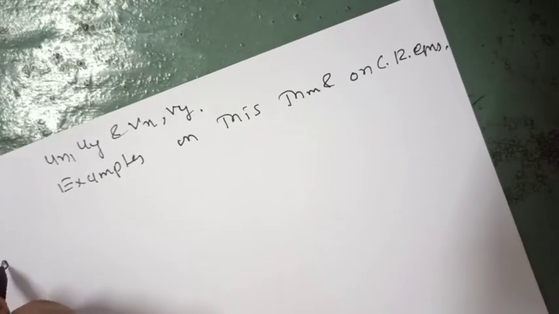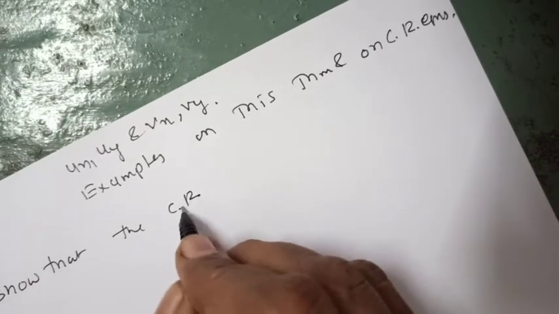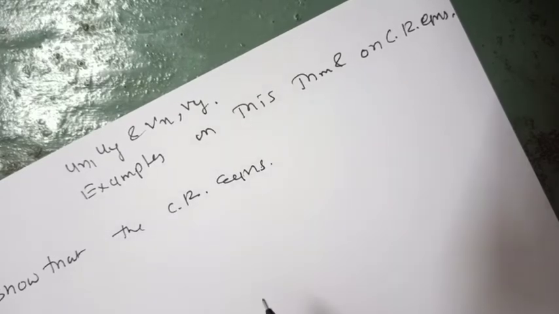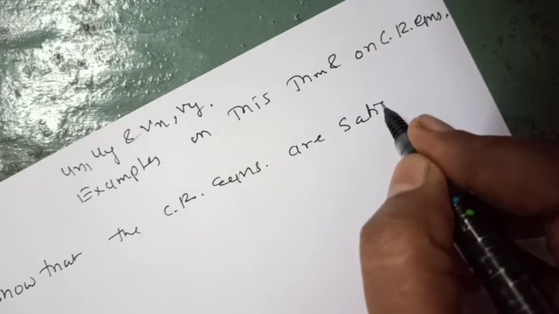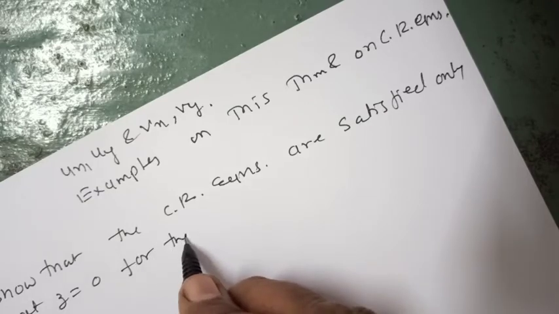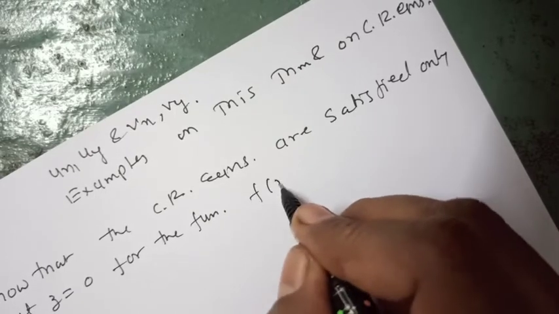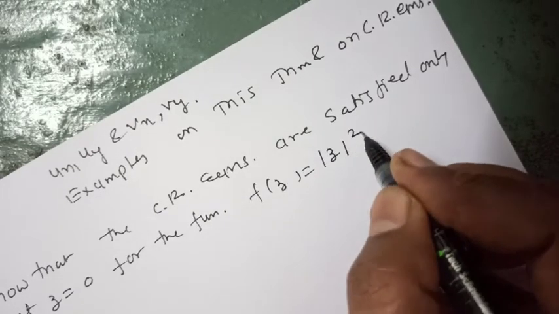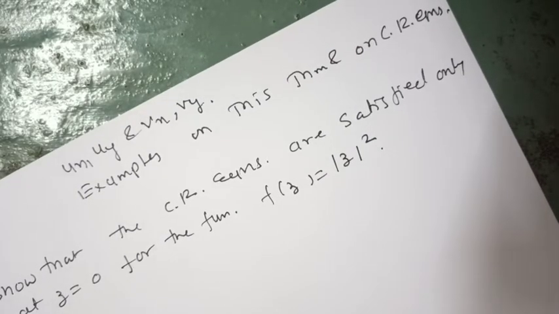Show that the CR equations are satisfied only at z equal to 0 for the function f of z equal to magnitude of z square.